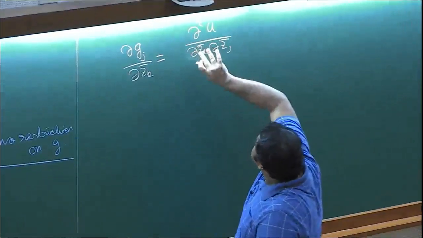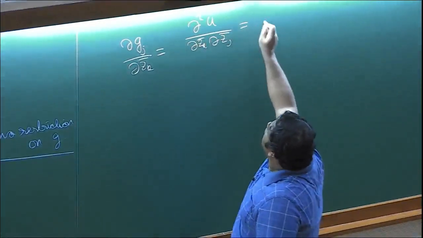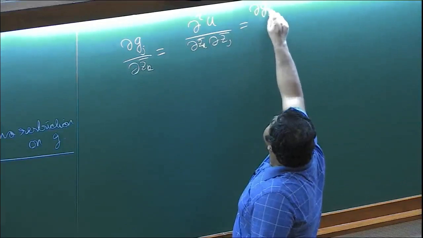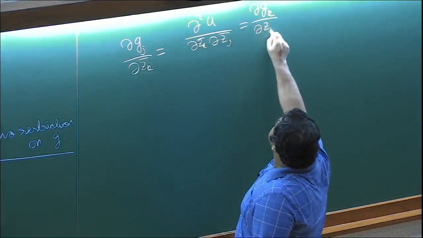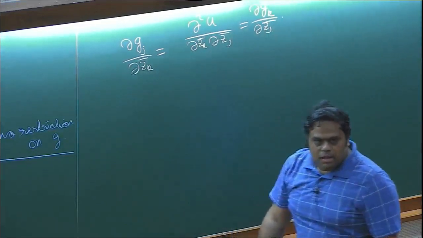But then I can switch the order of differentiation, and this turns out to be the same as dgk over dzj bar. Okay?